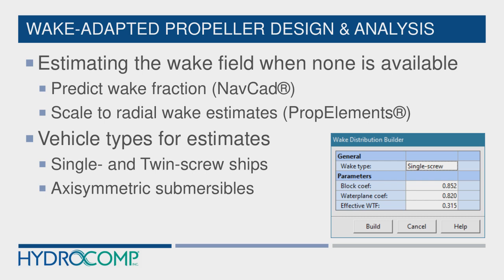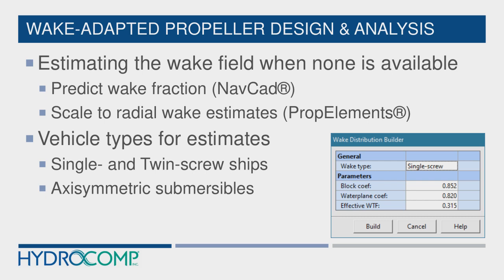And we've got a handful of vehicle types where you can enter in, for example, a single screw ship, block coefficient, waterplane coefficient, and the effective wake fraction, and it gives you an estimate for the radial wake distribution, the mean wake distribution.